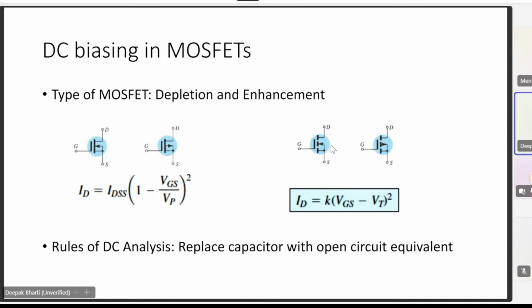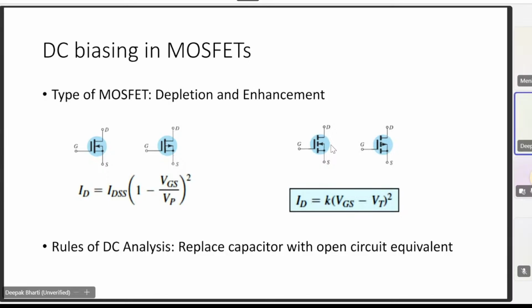Also, biasing depends on the type of MOSFET. In the previous class, you might have studied that there are two types of MOSFET, depletion and enhancement. The current equations in both types are different.